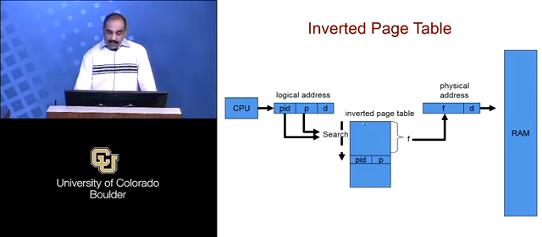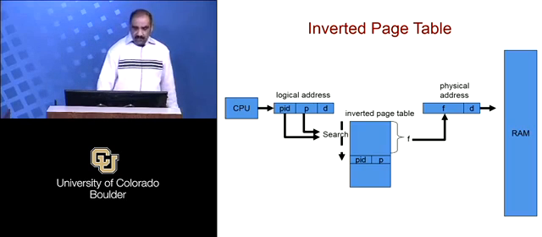In the inverted page table, you are storing the entries process ID and page number, and the third entry, which I have not shown here, is your frame number. So now you have to search through this entire inverted page table and match these PID and P, and once you get that mapping, you get the frame number. That's the frame. Is that clear?